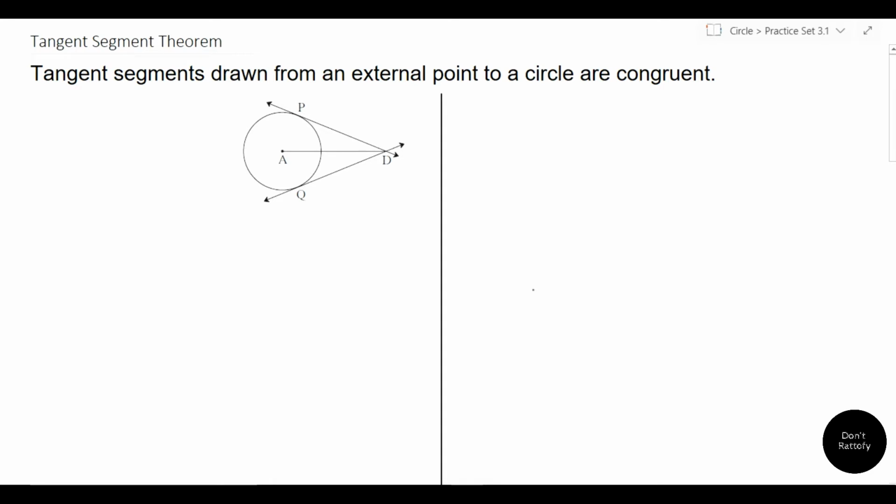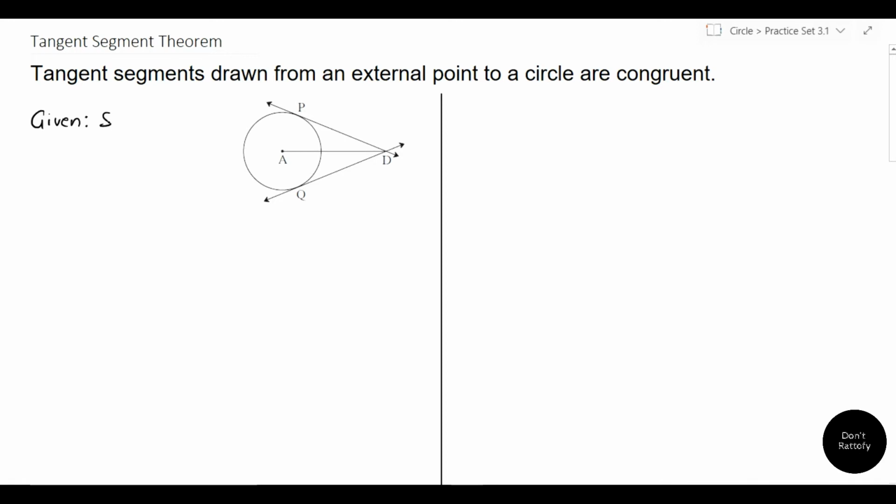Okay, so the tangent segment theorem. The tangent segment theorem states that tangent segments drawn from an external point to a circle are congruent. Now here I'll write down the given.